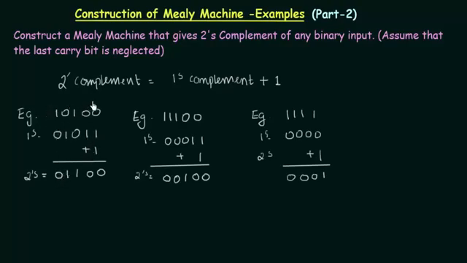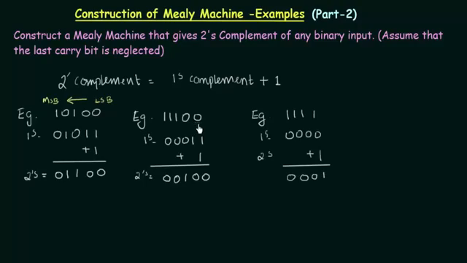Alright, so we'll always start reading from the LSB to the MSB. This is the LSB, or the least significant bit, and this is the most significant bit. And we will always start reading this way. Now let me take a look at this example.